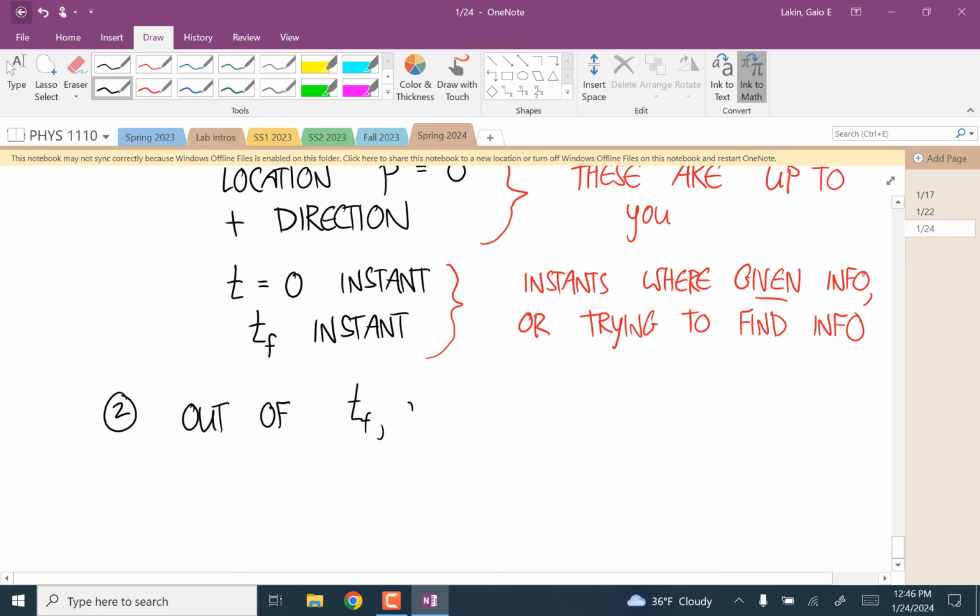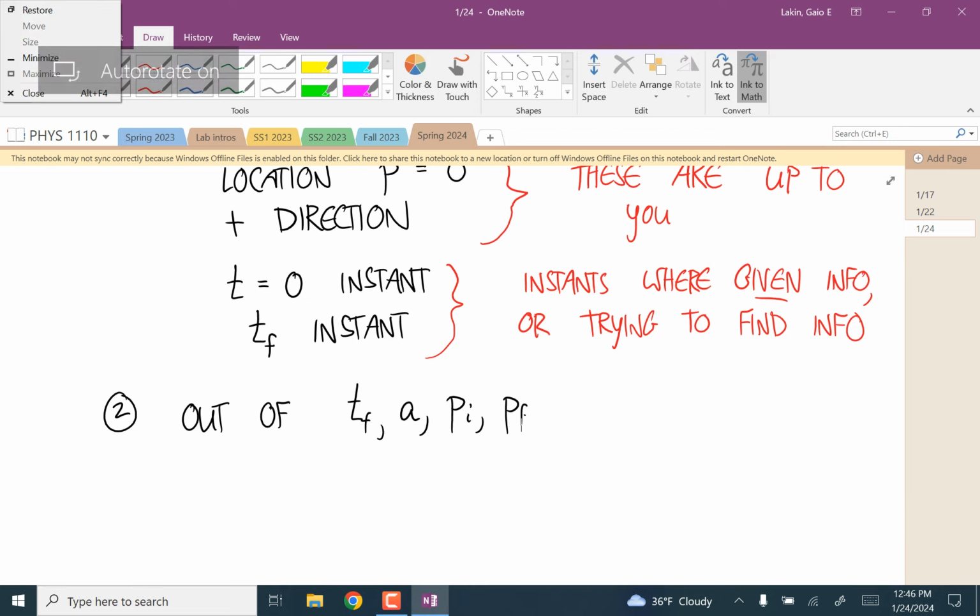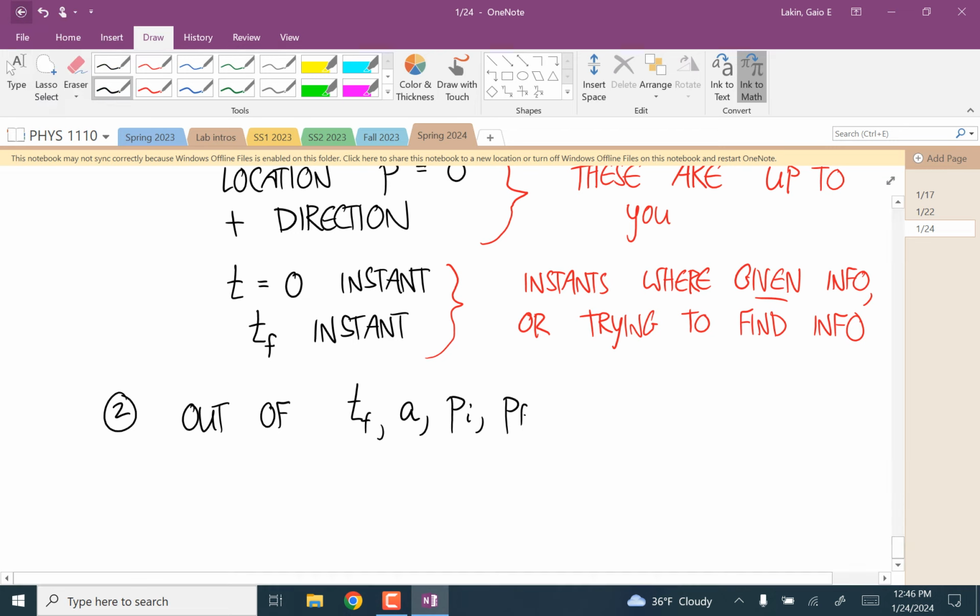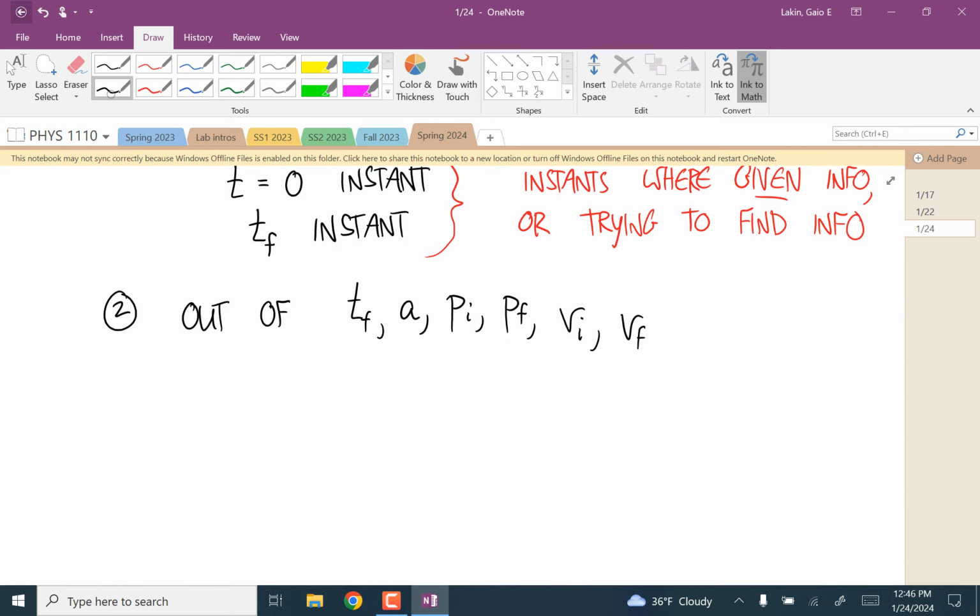Time final, acceleration, P initial, P final, V initial, and V final. 1, 2, 3, 4, 5, 6. So out of those 6 variables, list which ones you know and which one you're trying to find.